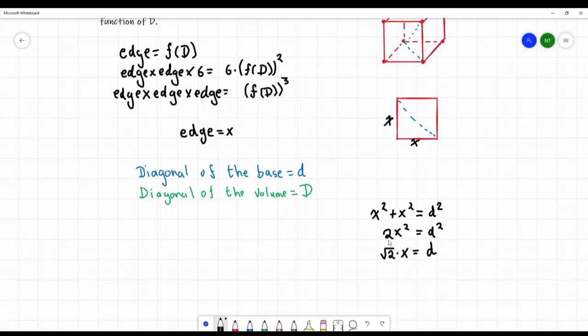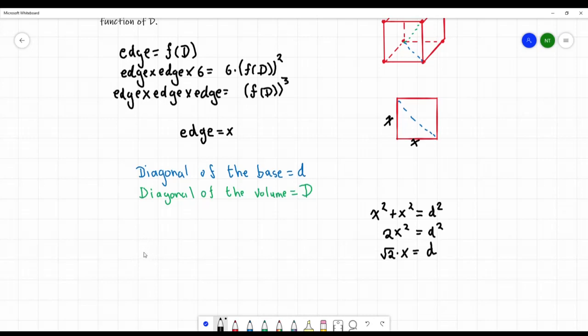Okay, so now we have the length of the diagonal of the base, d, which is root 2 times x. So now let's find the diagonal of the cube.